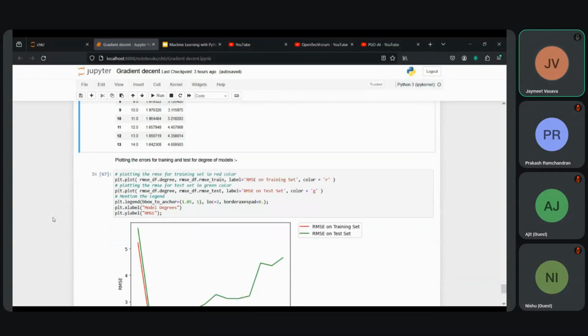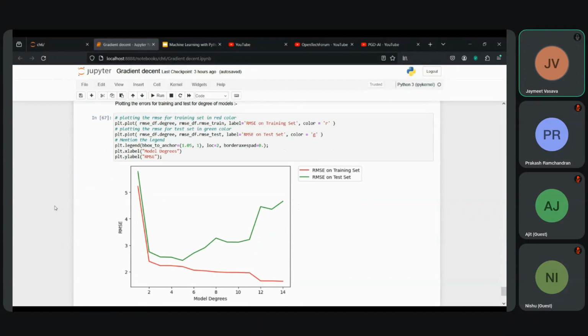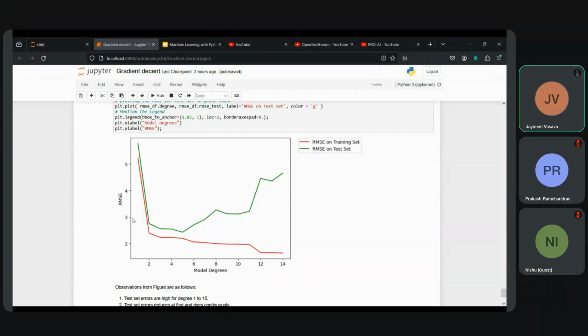Now, plotting these values on the training and the test data, this is the plot that we get. And you can see that the test error declines initially, and then after 5, it keeps on rising. Whereas the training error declines and keeps on declining after 5.